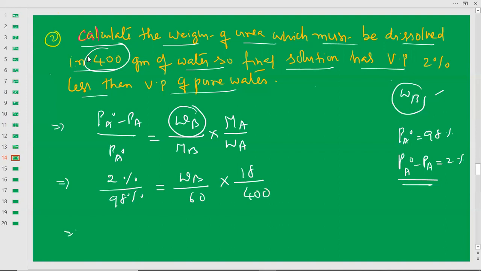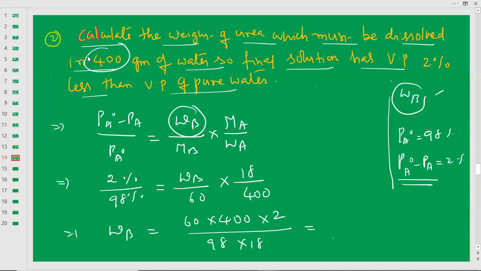So WB is equal to 60 into 400 into 2 by 98 into 18. I will check the simplification. Upon simplification, what is the value I got is, I'll check it.